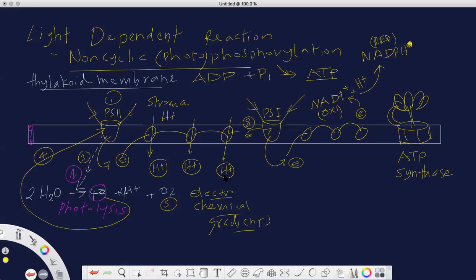There should be a way to transfer this energy to other molecules. So this hydrogen ion can only move through this ATP synthase complex. It can't move through other complexes because it's specific only for the hydrogen ion.